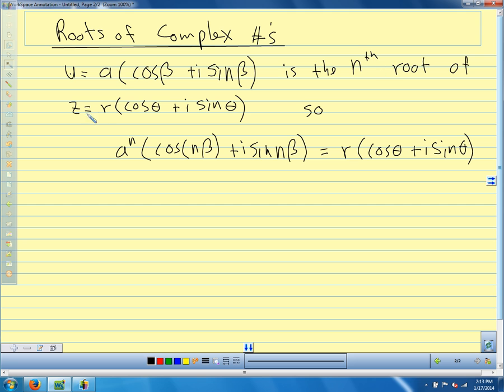So if we raise the nth root to the nth power, the root and the power undo each other, and we get back to our original number.